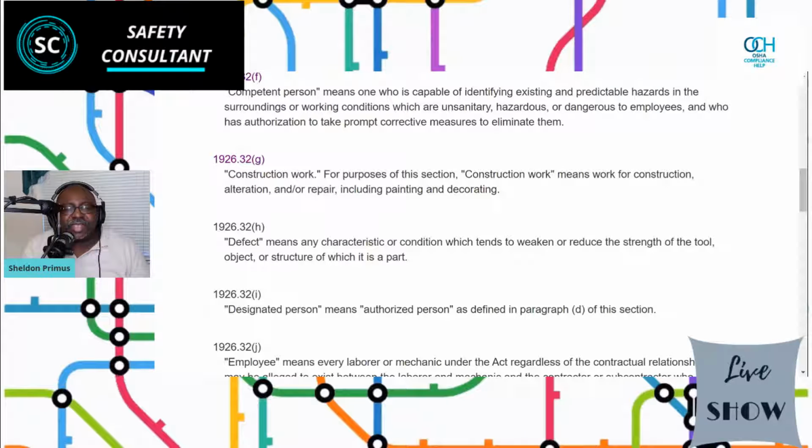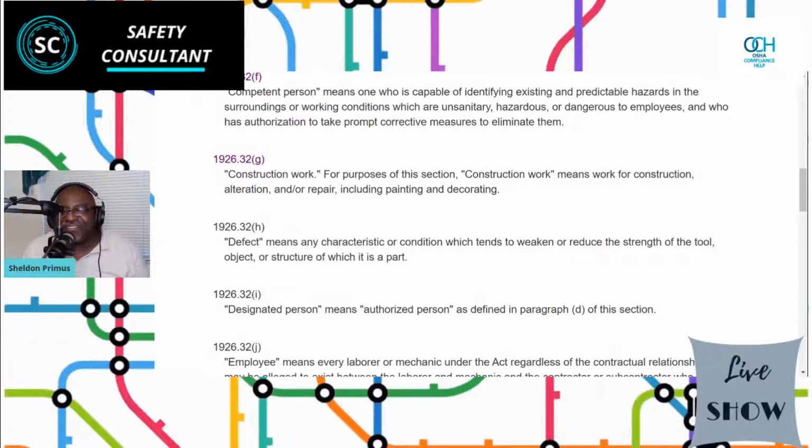And this is actually taken from another act, and this other act gives you the definition of construction work. OSHA incorporated it by reference, and this is what they're using here. Construction work for the purpose of this section means to construct, alteration, and or repair, including painting and decorating.